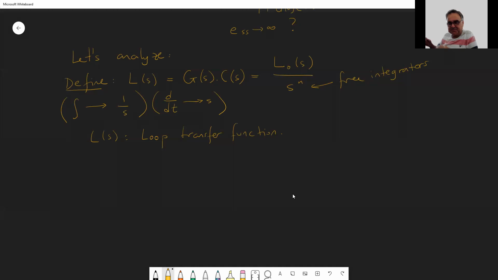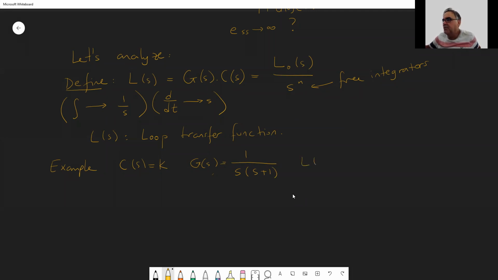For example, let's say the controller is just a constant K, and G of S is, let's say, 1 over S times S plus 1.